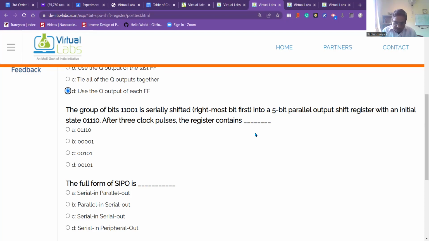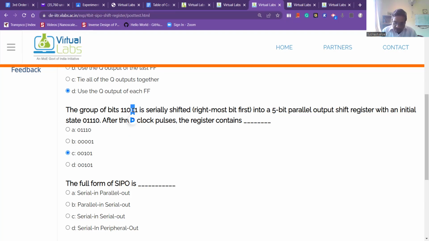So first clock pulse, if it is coming, what will happen? This first bit will enter at the Q4. Then 0 will be shifted here, 1 will be shifted here, 1 here, 1 here, and the last 0 will be discarded. In the second clock pulse, this 0 bit will come.